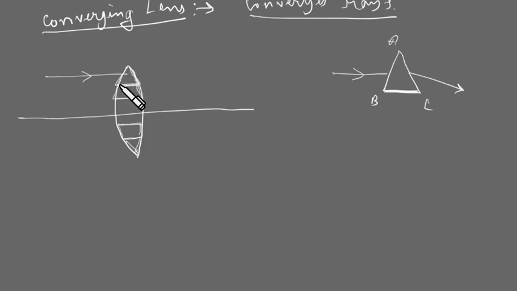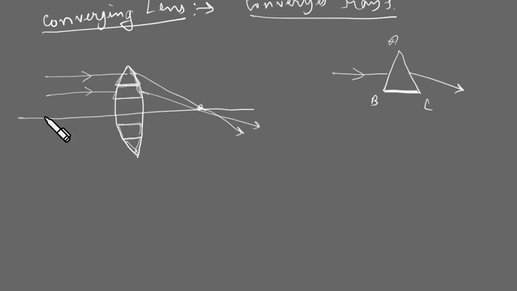Now this is the base of the prism. That means after getting refracted, it will bend towards the base and it will go like this. Similarly, another ray which falls on the second prism will also bend towards the base, right?